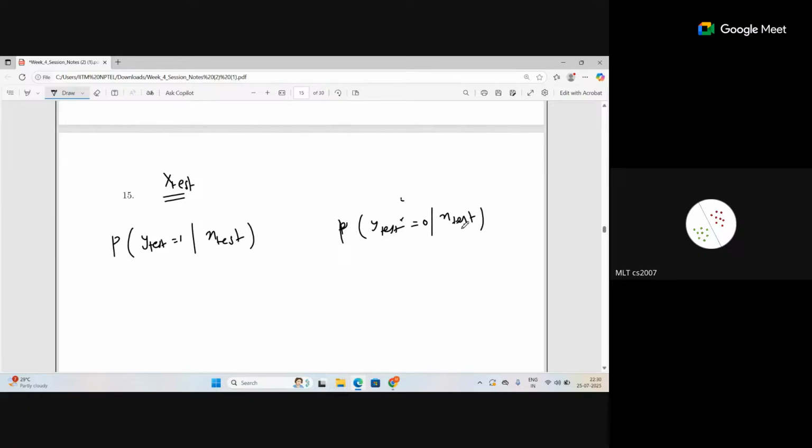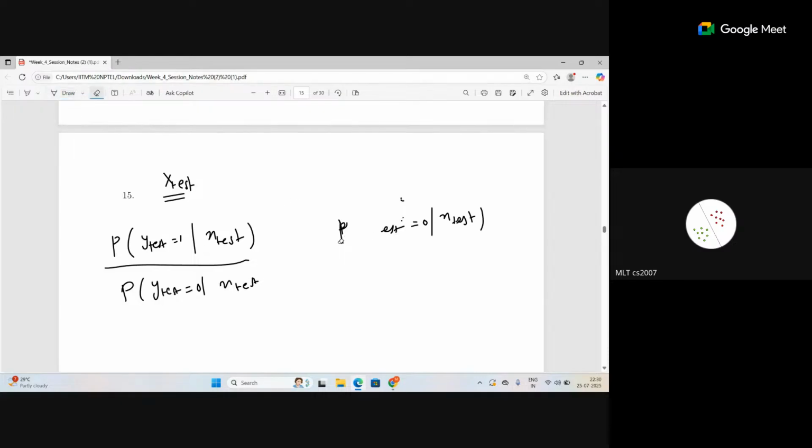That is what you wanted to compare. I'm writing this decision function in a different way, as a ratio.